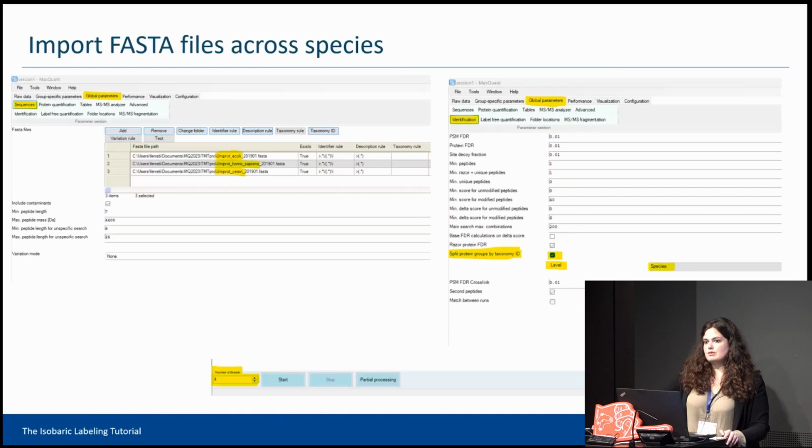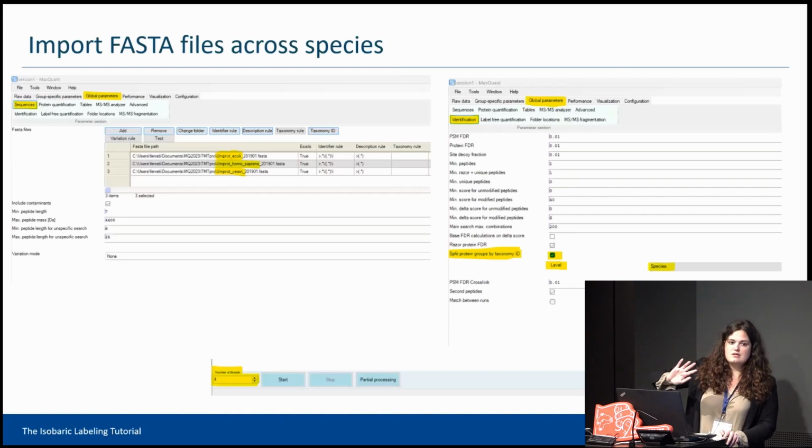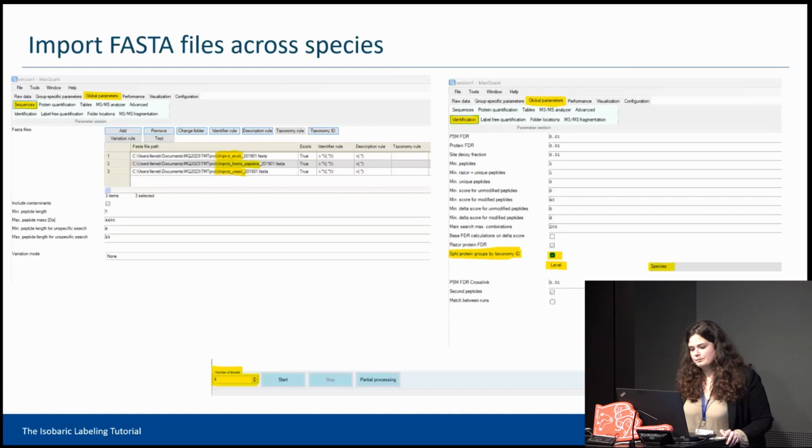So that MaxQuant will recognize, okay, you have different species, and now we'll do this identification, but keep in mind that you have it for each database. So we'll see the difference across these databases, so across the species.